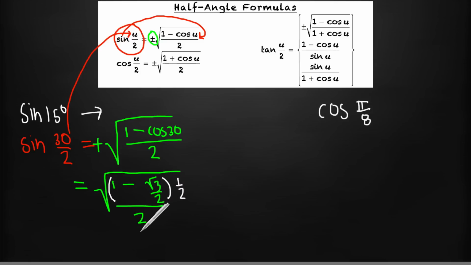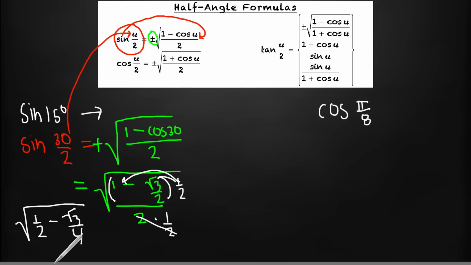That's the same as dividing by 2. So on the bottom that goes away, and here we're going to distribute the 1/2 inside, and we will get the square root of 1/2 minus root 3 over 4.